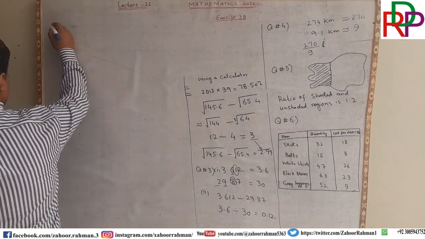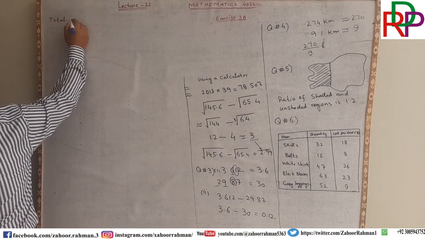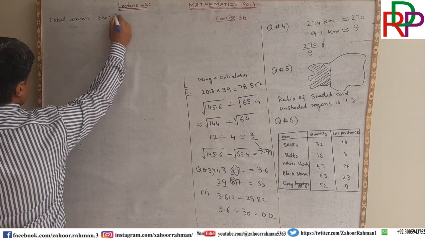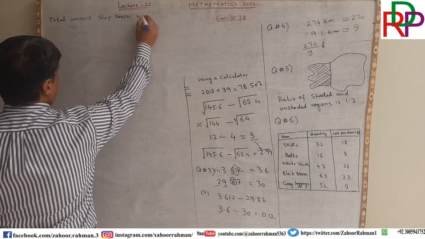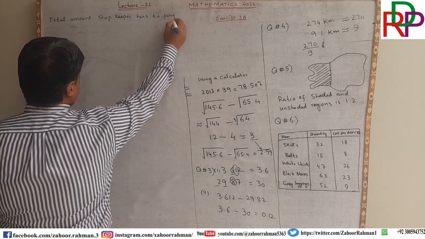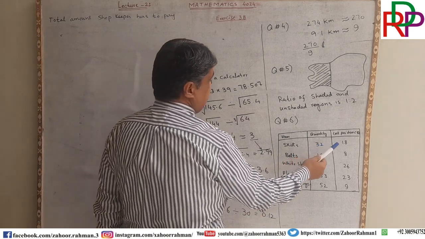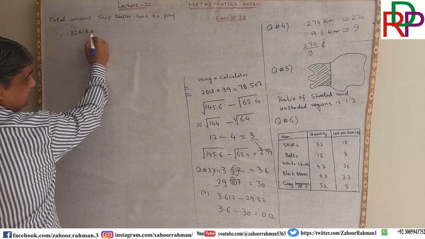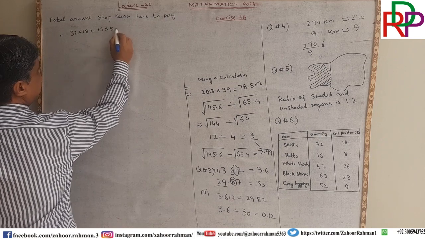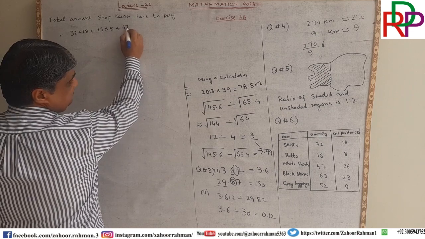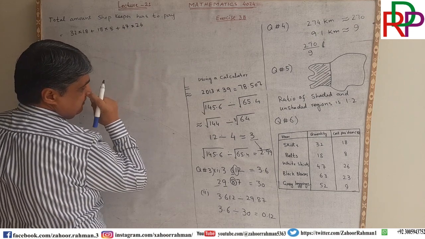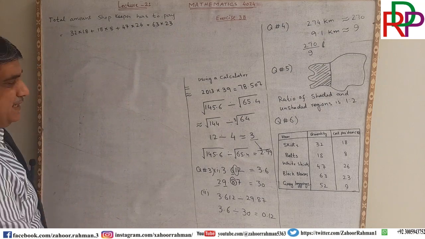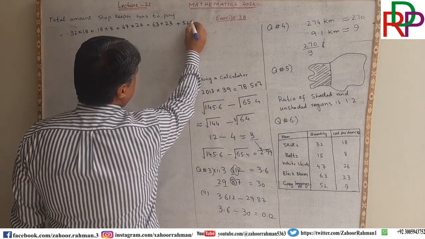Okay, total amount the shopkeeper has to pay is equal to, we have to multiply this with this one, 32 multiplied by 18 plus 18 multiplied by 8 plus 47 multiplied by 26 plus 63 multiplied by 23 plus 52 multiplied by 9.